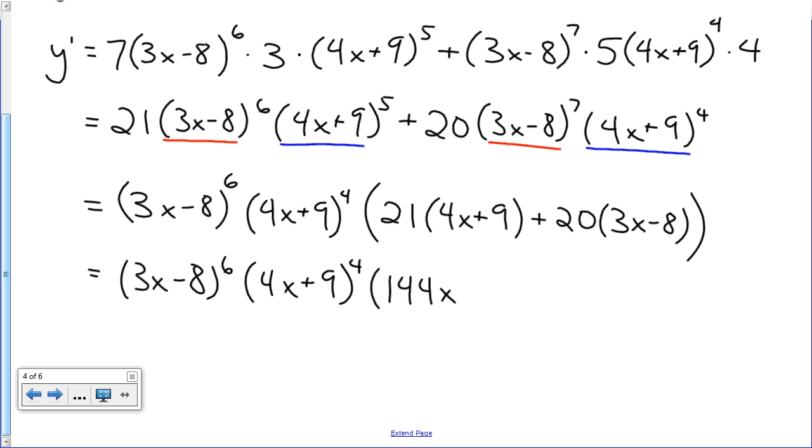And I've also got 21 times 9, which would be 189. And I've got a minus, because it's negative here, the negative 8. I've got a minus 20 times 8, that's a negative 160. So 189 minus 160 should give me 29, I think, as a result of that.